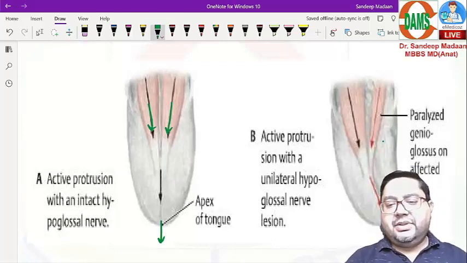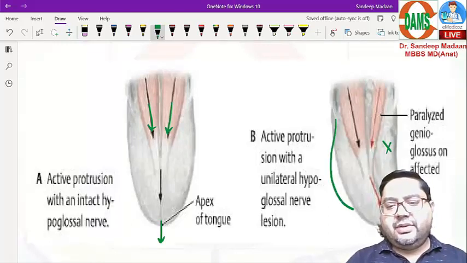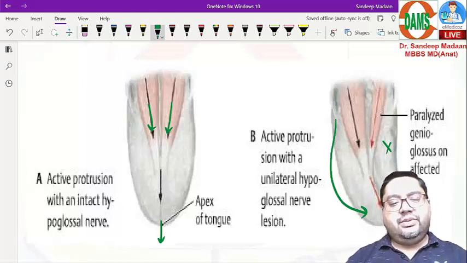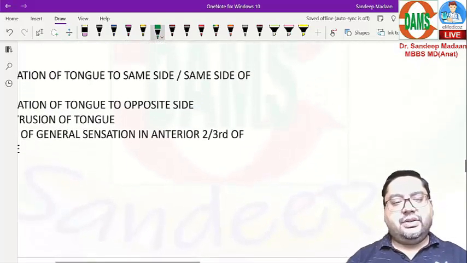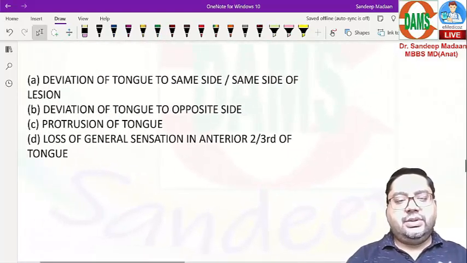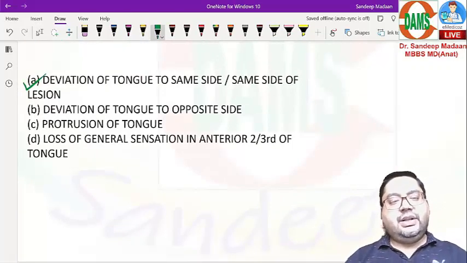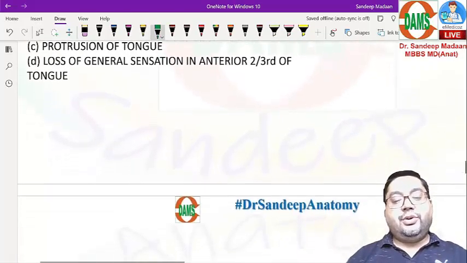But suppose this muscle is not working, only this muscle is working, it will push across the midline and the tongue will be deviated towards the side of the lesion, towards the affected side. So that is why in this particular question, the answer will be deviation of the tongue to the same side of the lesion. But here what we have to understand, it will be deviation on protrusion.